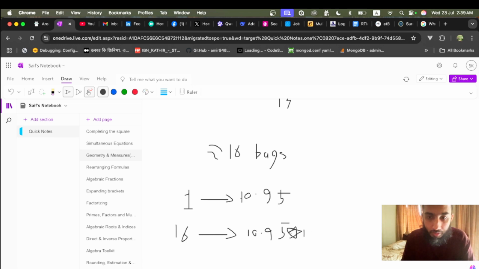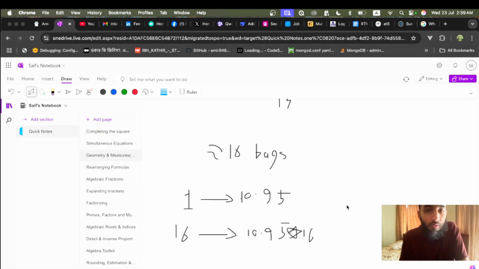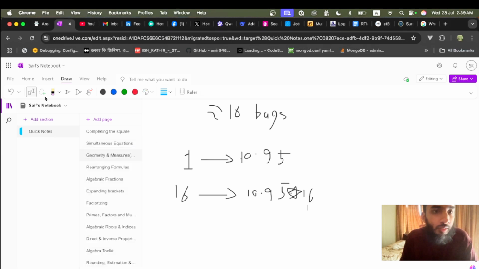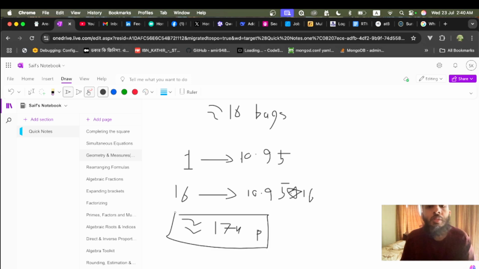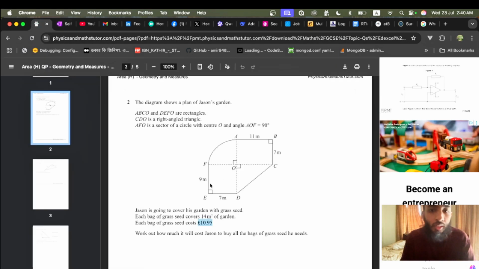Using the calculator, I get 174.41, so it's approximately 174 pounds. This is the total cost that Jason would incur if he wants to cover the entire area with grass seed.